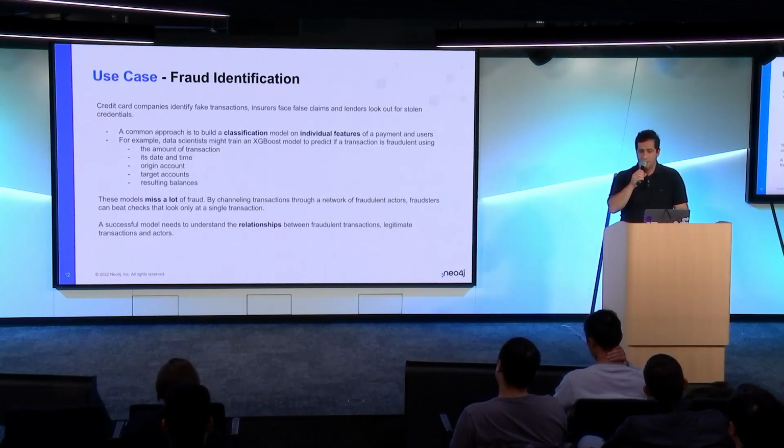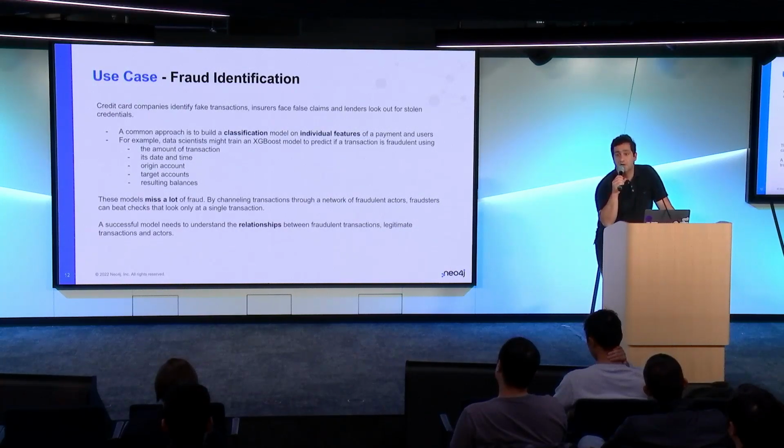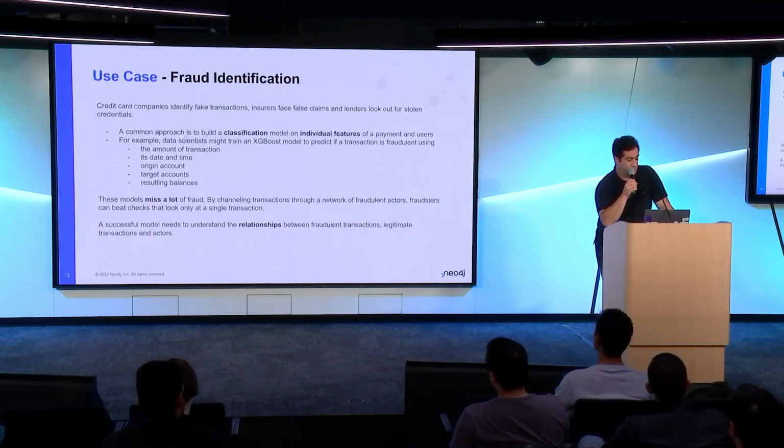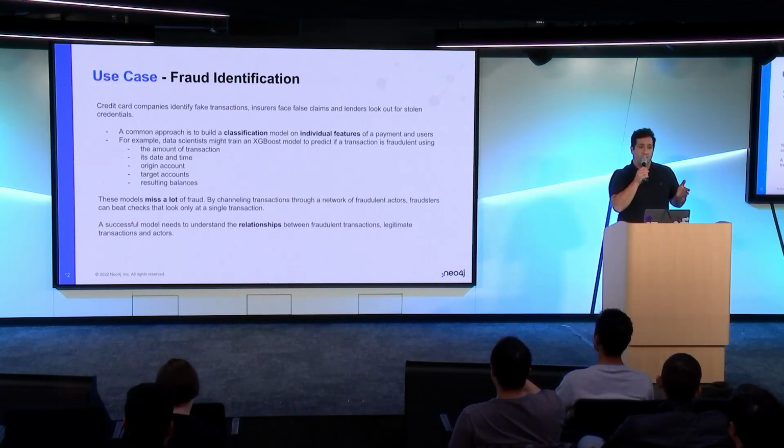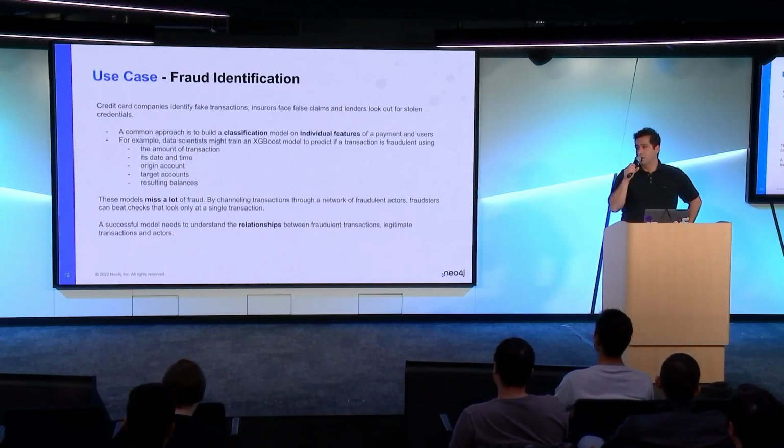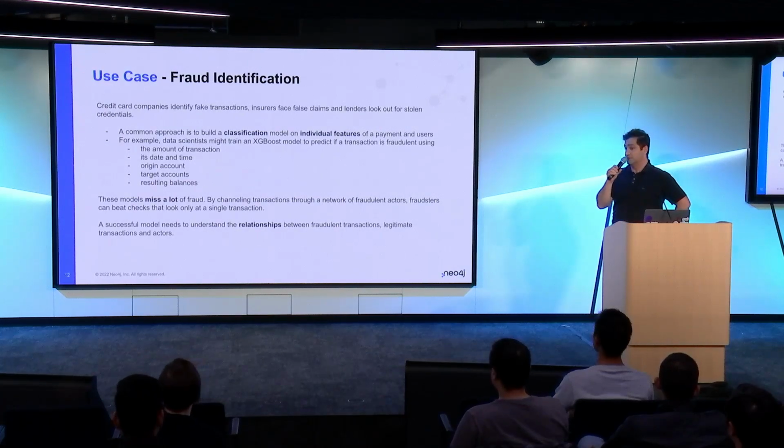Think about credit scoring or credit card companies, all of those companies are trying to find any fraudulent transactions. A very common approach is to build a classifier, could be a binary classification, whether this is a fraudulent activity or transaction or not.